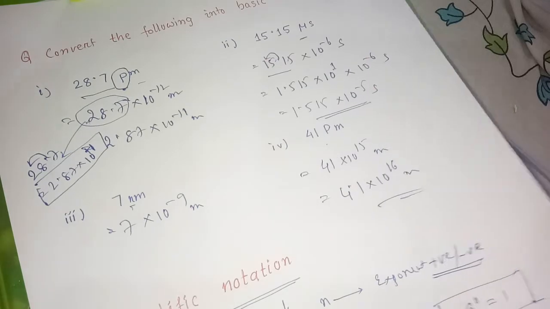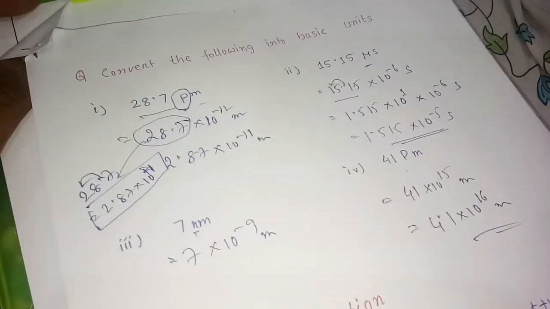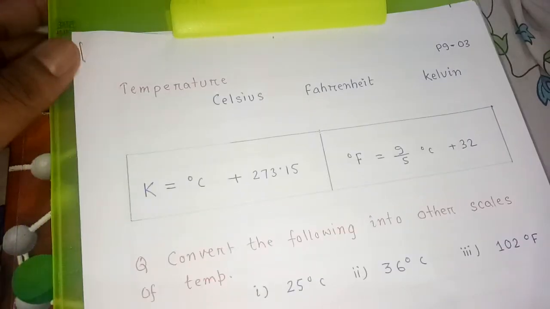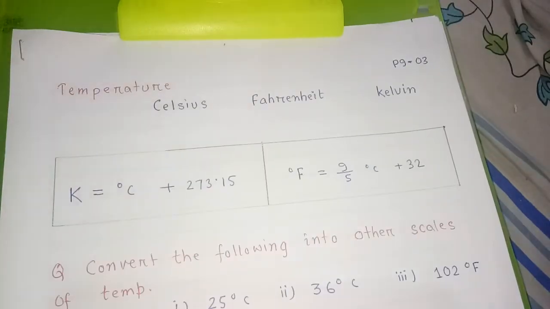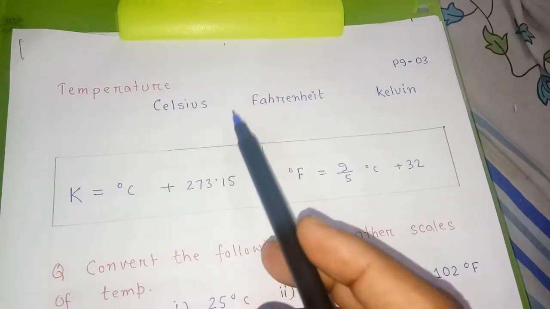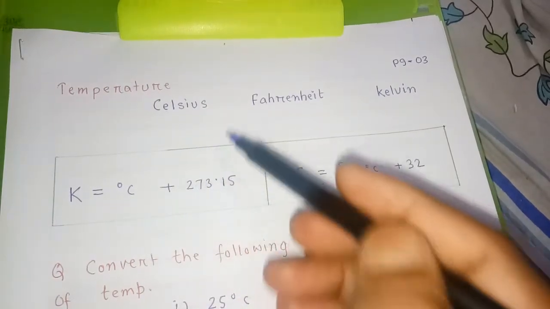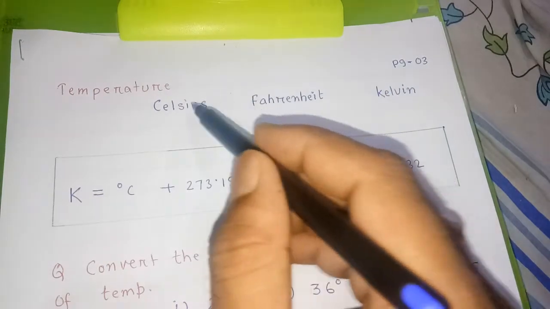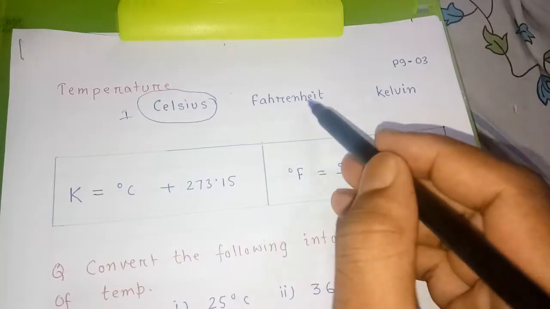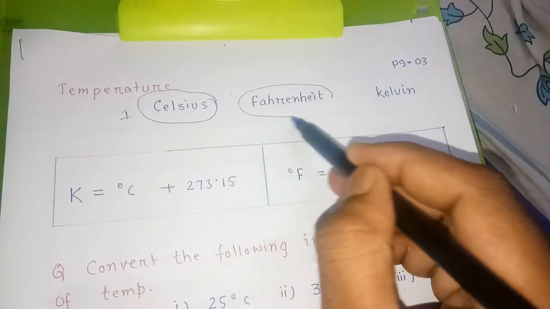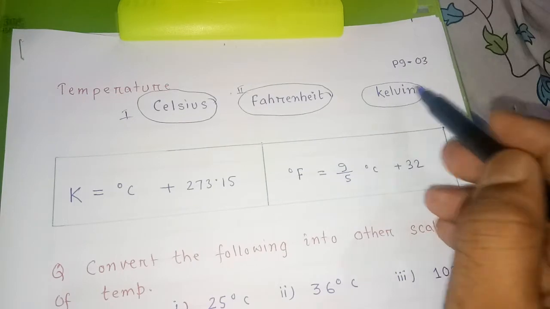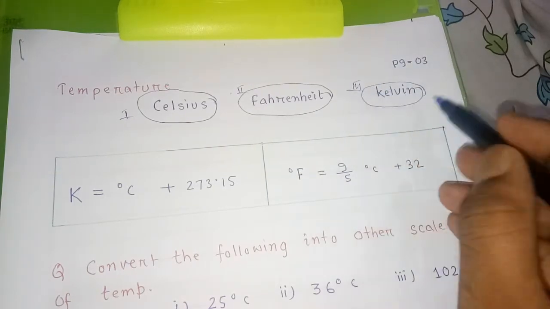So in the next phase, student, we are taking more things. Next heading, we have temperature. The temperature, having 3 scales of temperature are there. One is your Celsius scale, another one is your Fahrenheit scale, another one is your Kelvin scale.